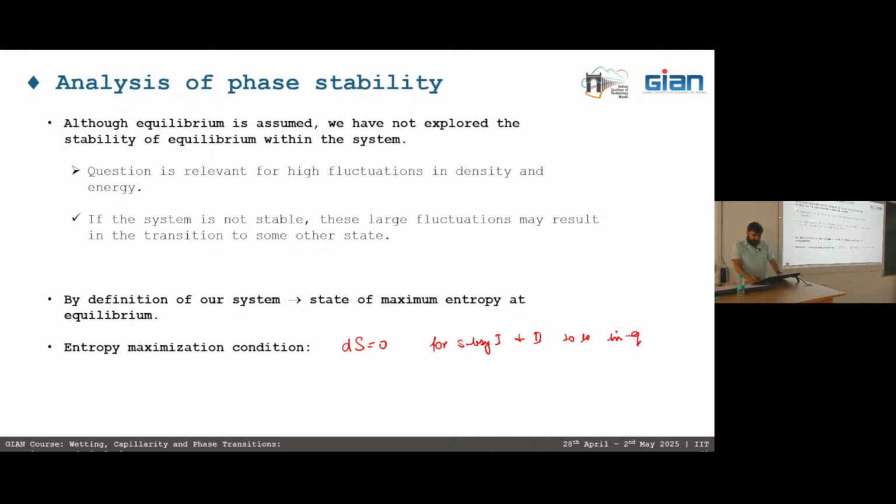Further, we know that entropy is a function of internal energy, volume, and the number of molecules. But in this case our volume is fixed, so it is just a function of internal energy and number of molecules.